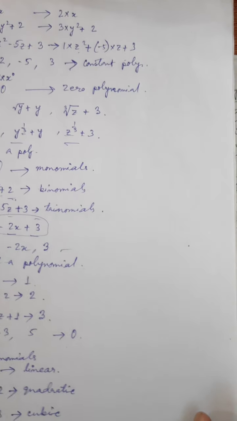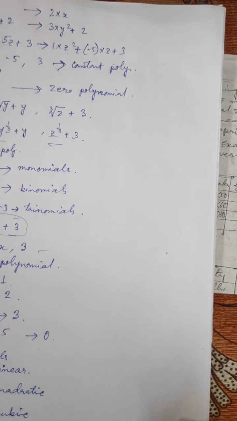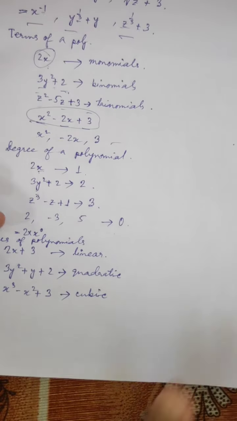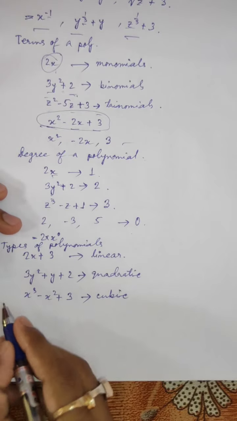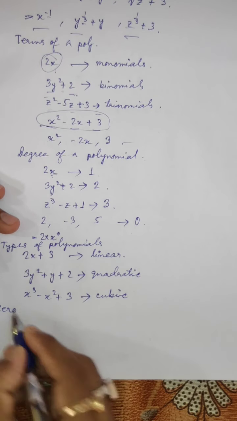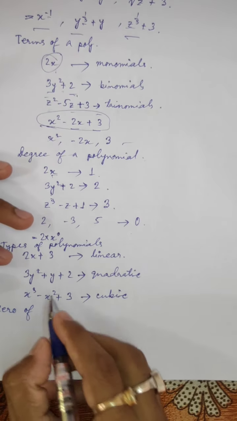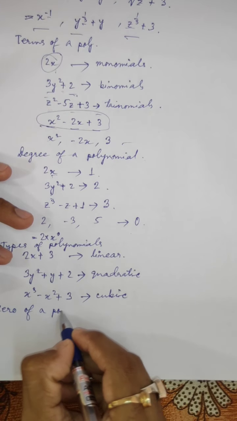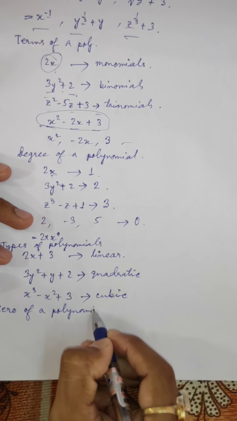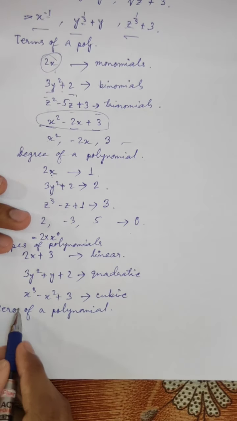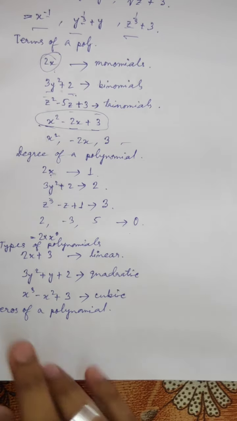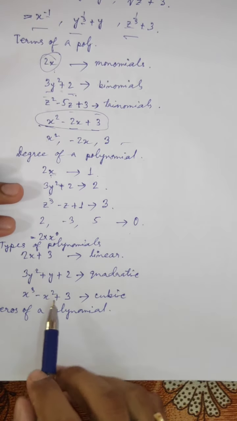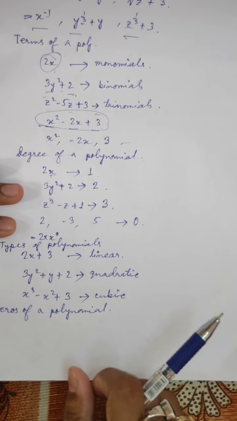Now we shall see the zeros of a polynomial. What are zeros of a polynomial? You can see the variables in a polynomial.